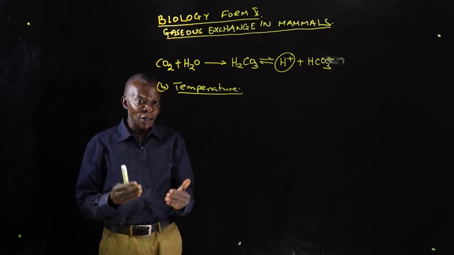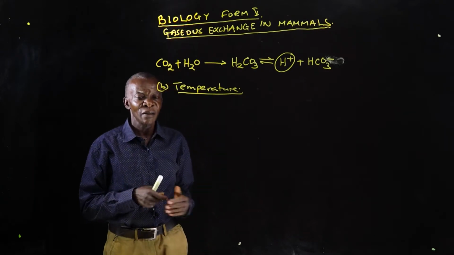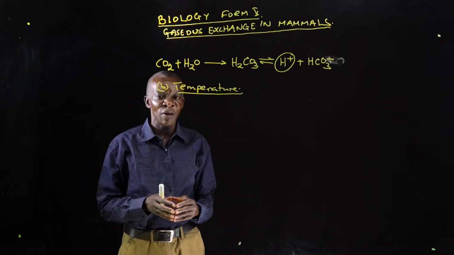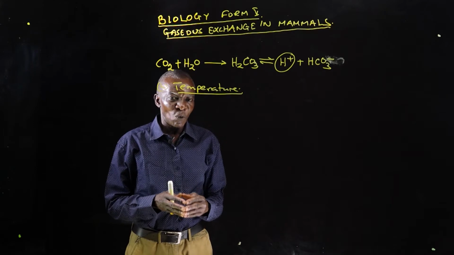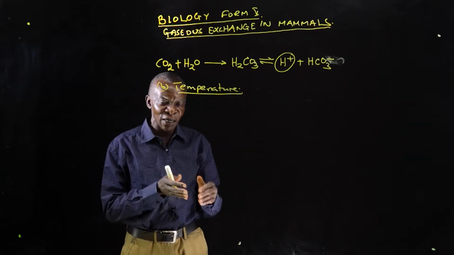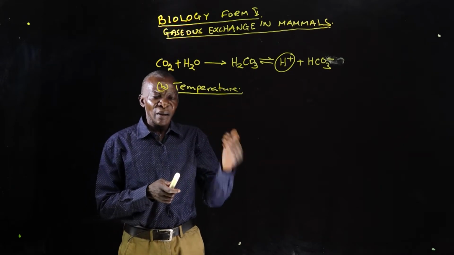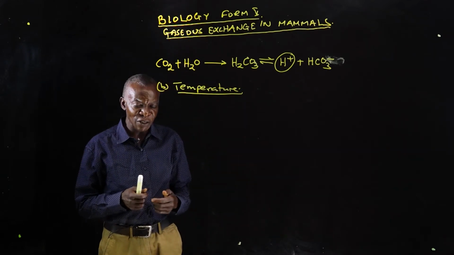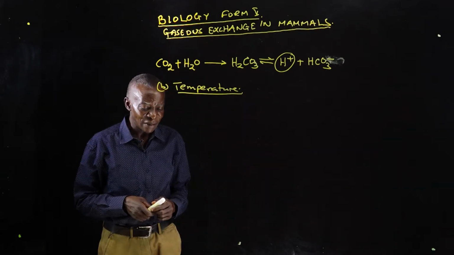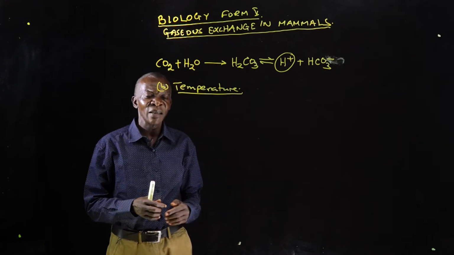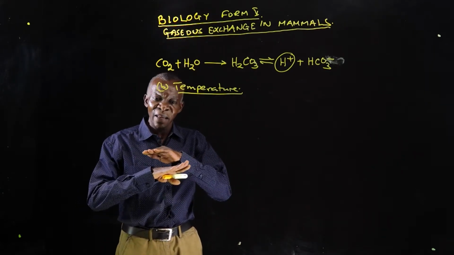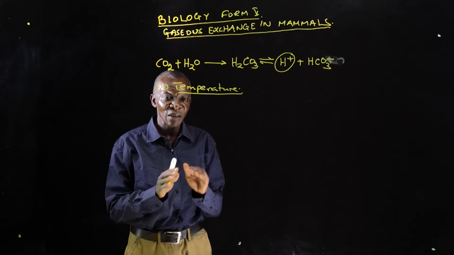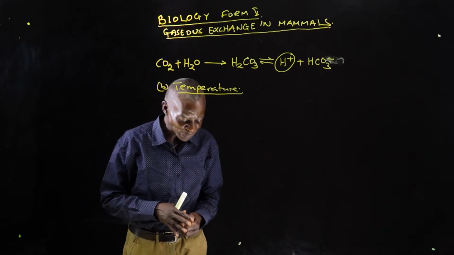If you refer to your Form 3 regulation knowledge, you remember that when the environment is overcooled, one of the responses that a body indicates is to increase the rate of metabolism. And this increased rate of metabolism aims at generating heat, and the aim is to make sure that these endotherms, these homoiotherms, have their body temperatures kept constant.